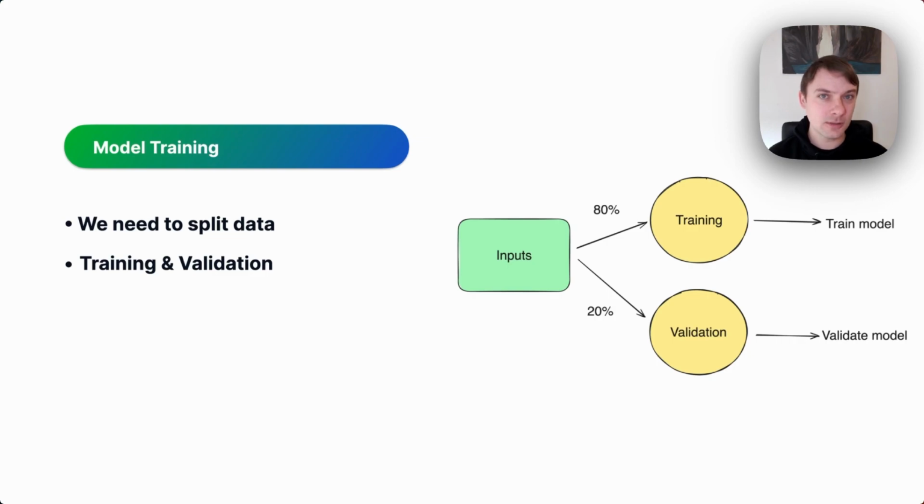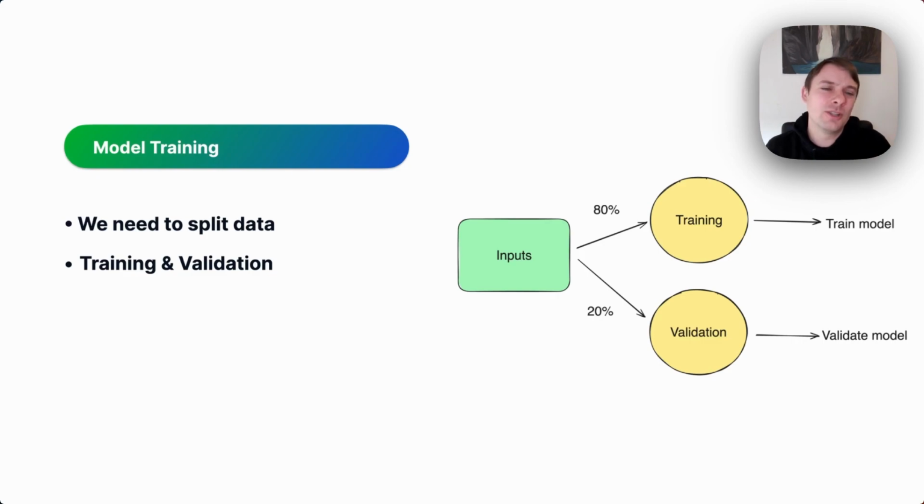We do this because when we want to test the success of our model in the end, we need to have data that hasn't been used on that model. Because if we used all the data for training, then our model would basically always be 100% successful. That is why we split it into two parts.